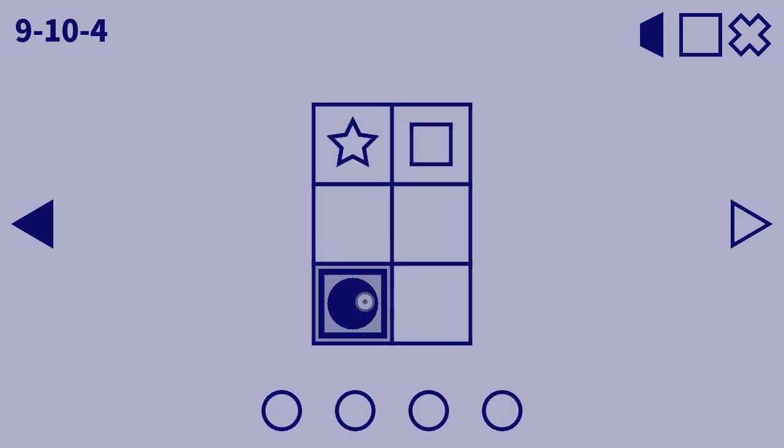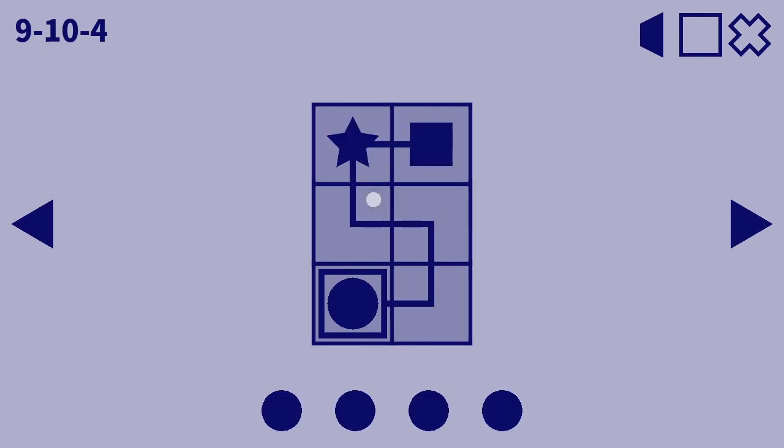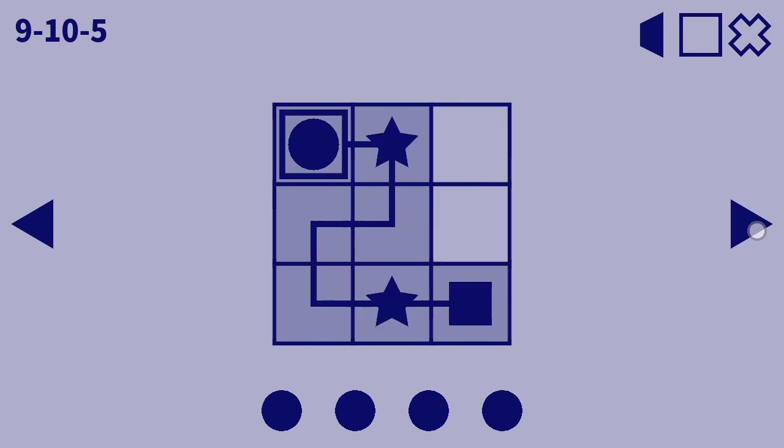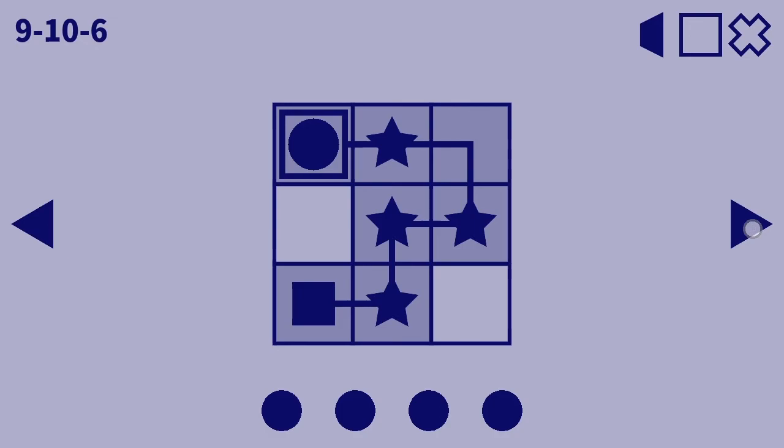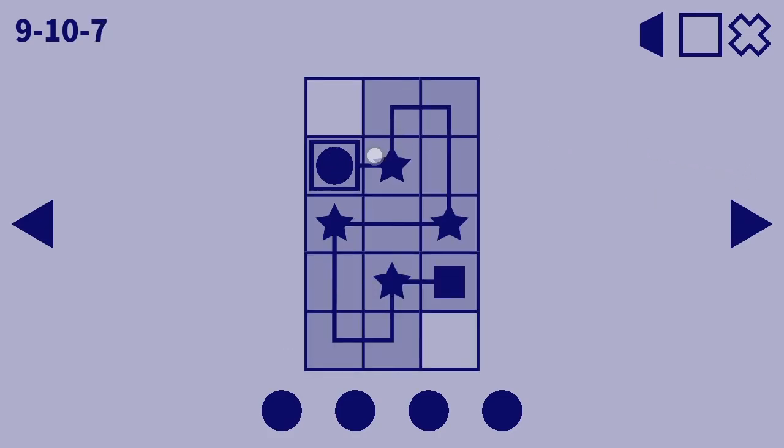Well, the thing that I've added there is a corner adjacent to a star. Corner's diagonal from a star. You've got one, you've got one. You've got 3.